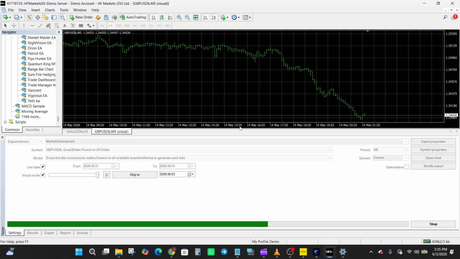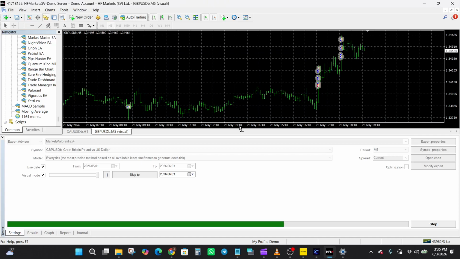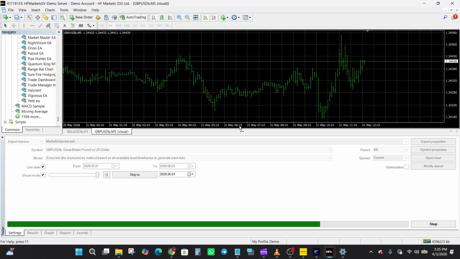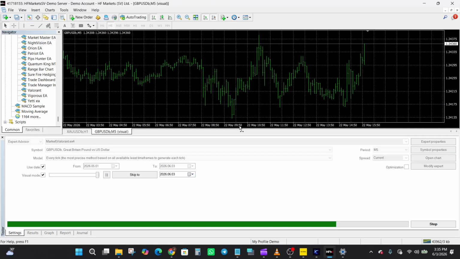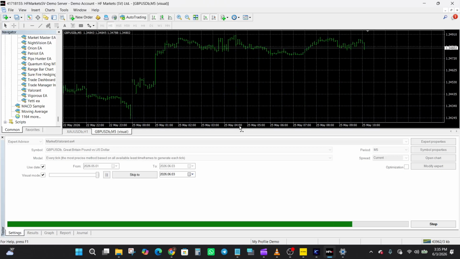The results are strictly historical backtest results, and they can vary significantly depending on broker conditions, spreads, risk settings, and execution quality. So even though the EA is designed with adaptive and multi-mode logic, real world performance will still depend heavily on optimization and how it is configured for your specific account.